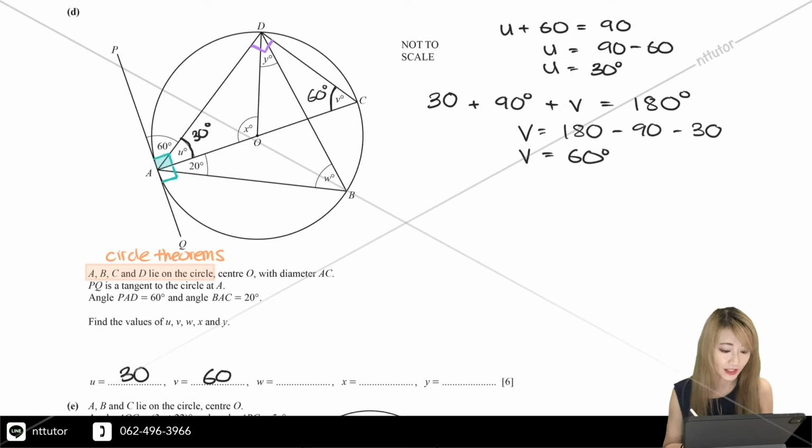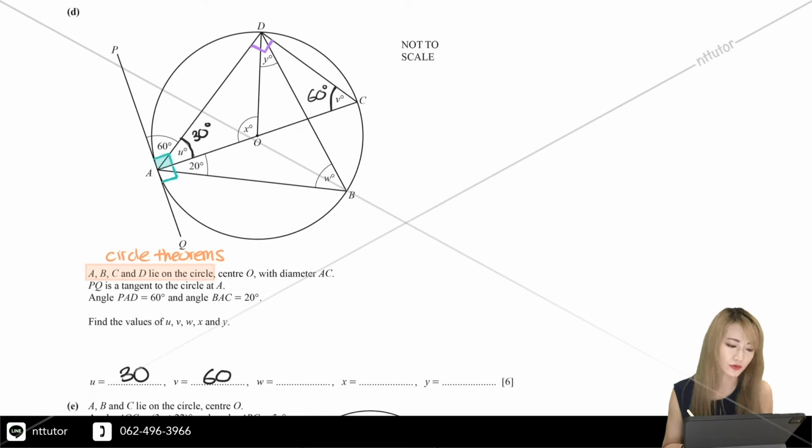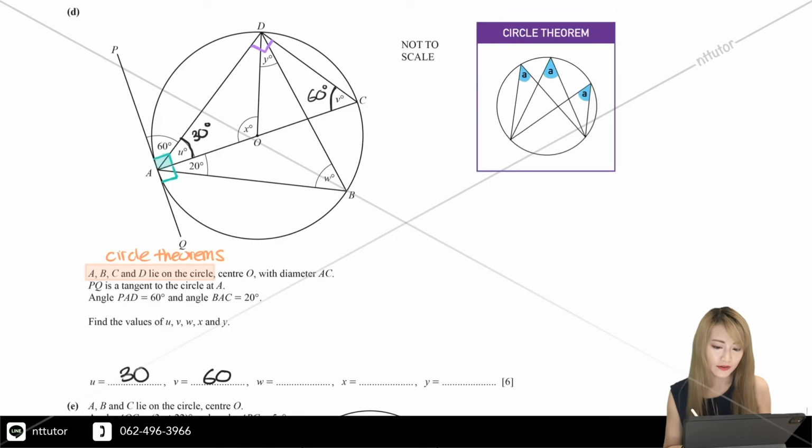Next, we should try and find w. We used the circle theorems with the diameter and the tangent already. We can try to think of other circle theorems. There's another circle theorem where if angles come from the same segment on the circle, the angles are the same.